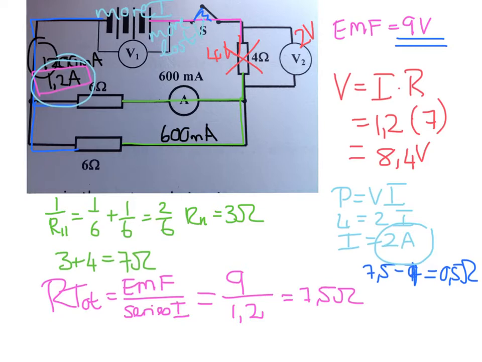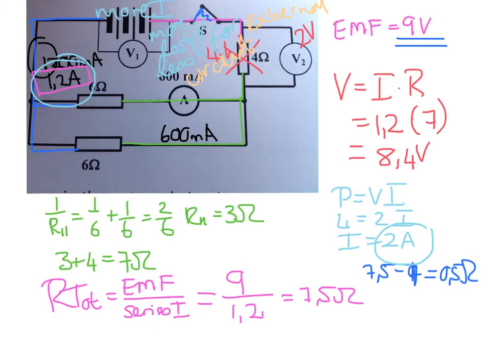And for that reason, we're going to find that if more lost volts, there's less potential difference for the external circuit. So that is why that goes down.